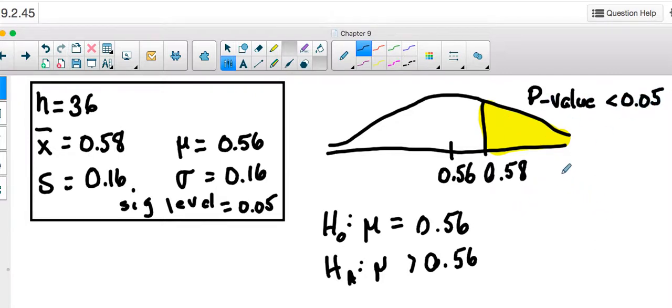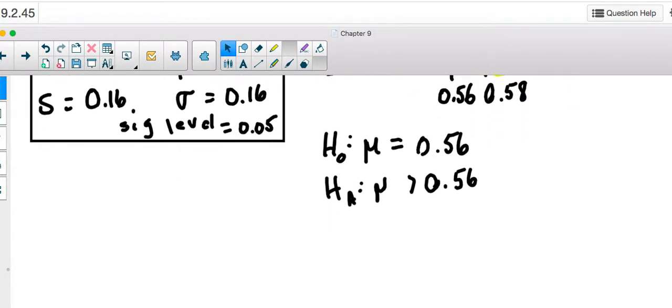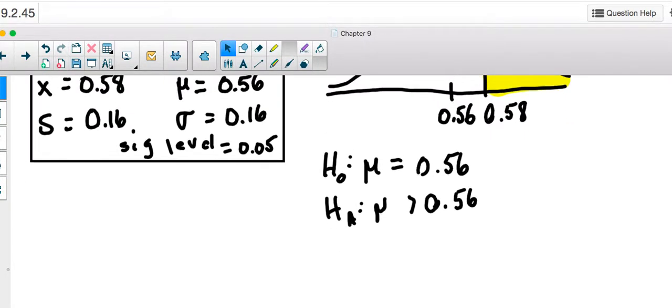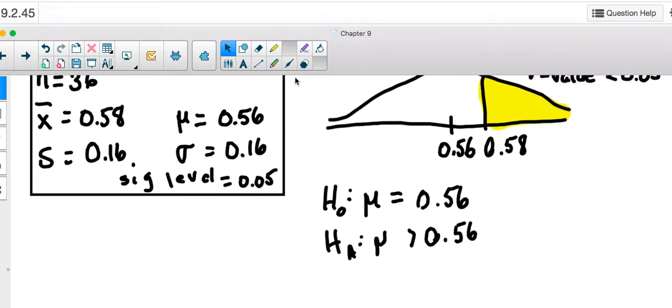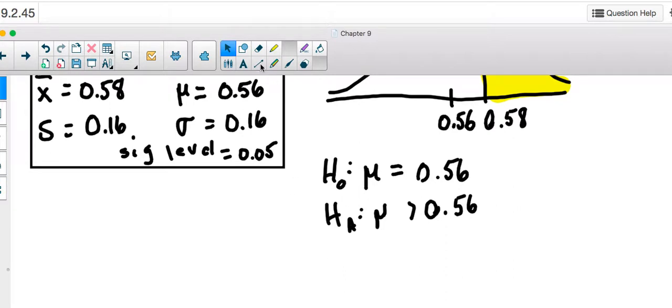At this point, the best way to solve this problem, there are many ways we could, but the easiest way, and let's go easy, we're going to use a z-test. So you're going to go to your calculator.